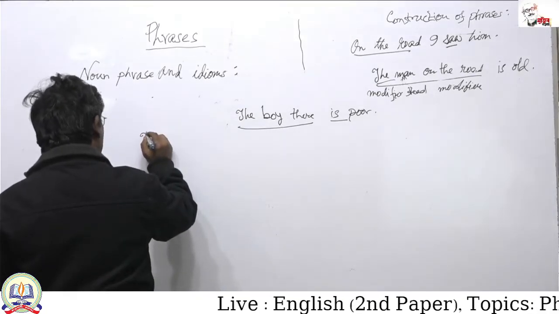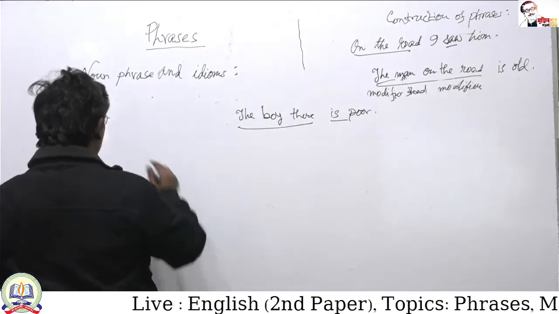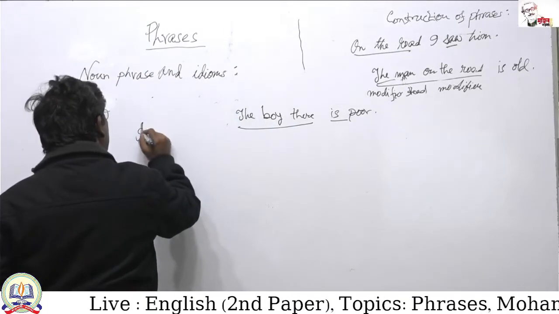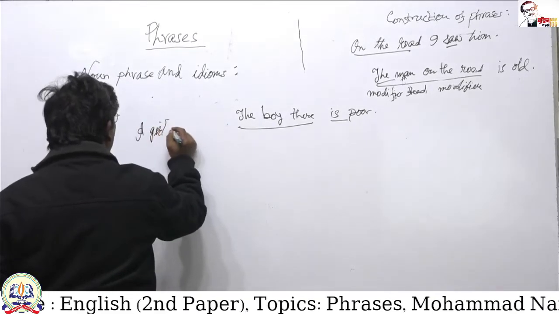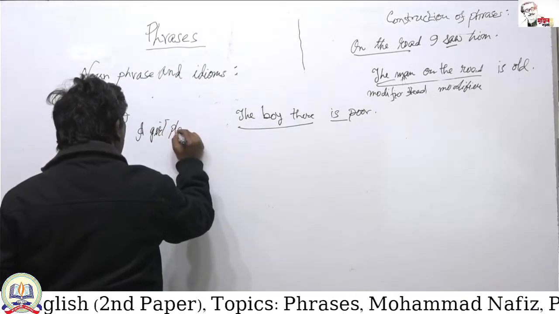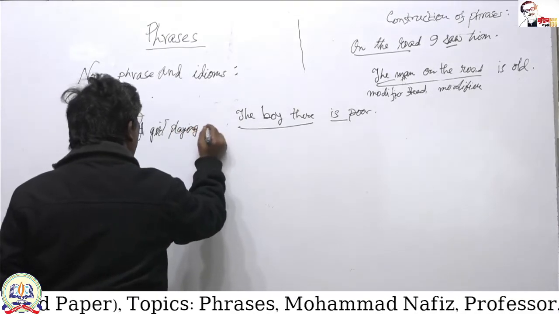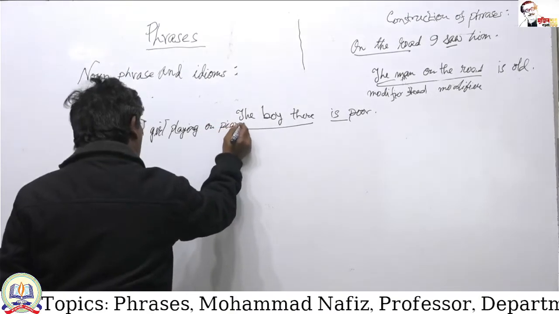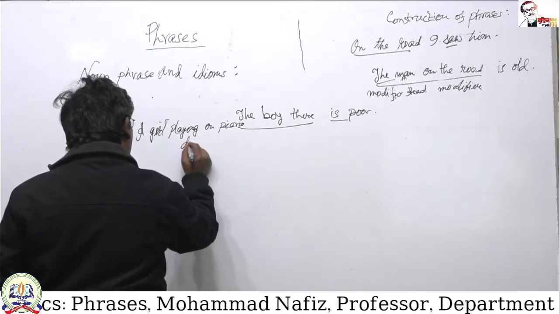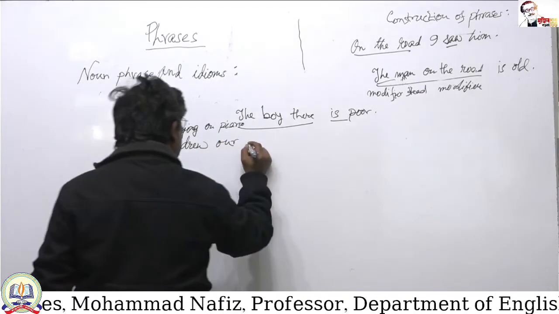Even sometimes present participles can be used as noun modifier. For example, a girl playing on piano drew our attention.